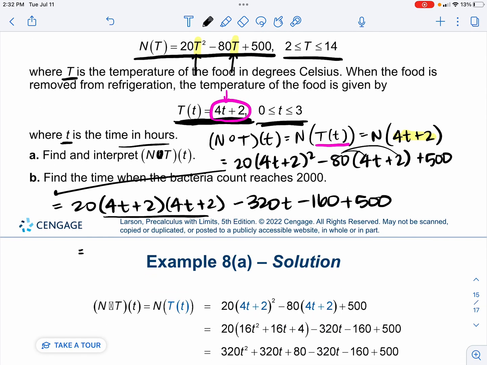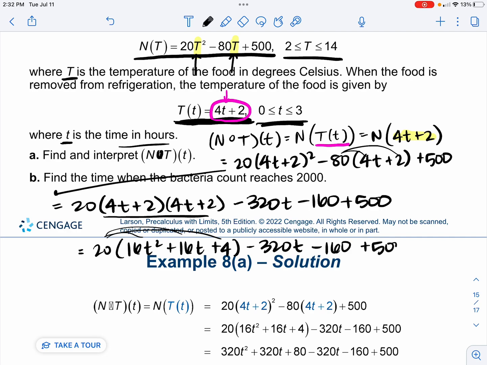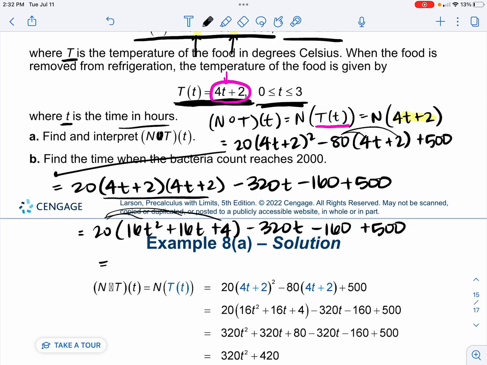So I'd get 20 times 16t squared plus 16t plus 4, and then I'd have to distribute that 20. So that would be 320t squared plus 320t plus 80 minus 320t minus 160 plus 500.